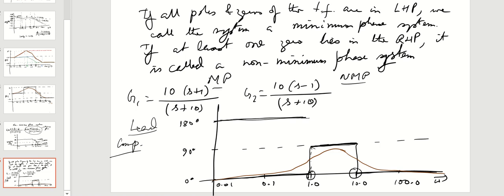So you will not be achieving a phase lead of 90 degrees over and above 180 to move to 270. Rather, you will be moving back to 90 degrees only, because the term responsible for this is tan inverse of omega by minus 1. That is the phase contribution of this term.